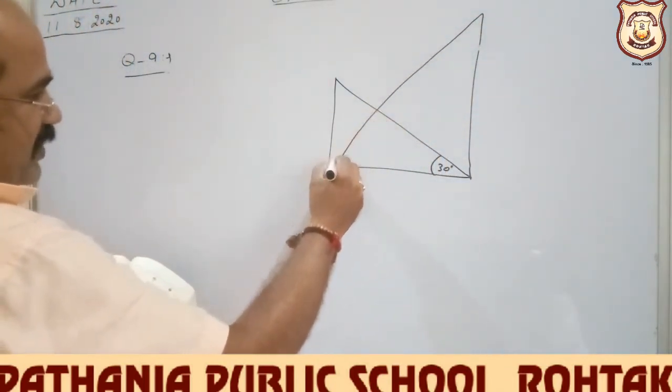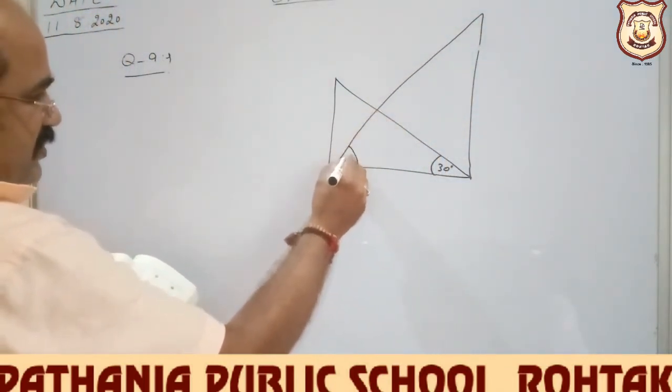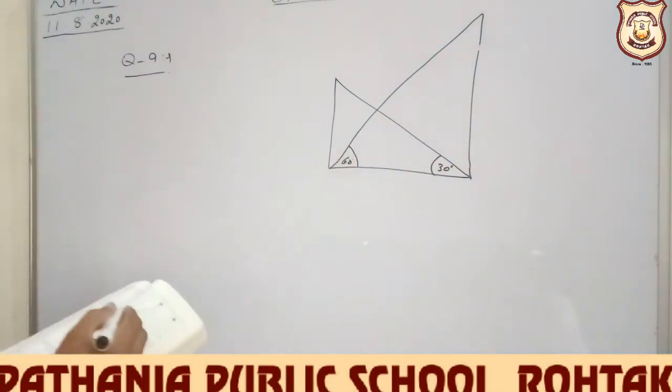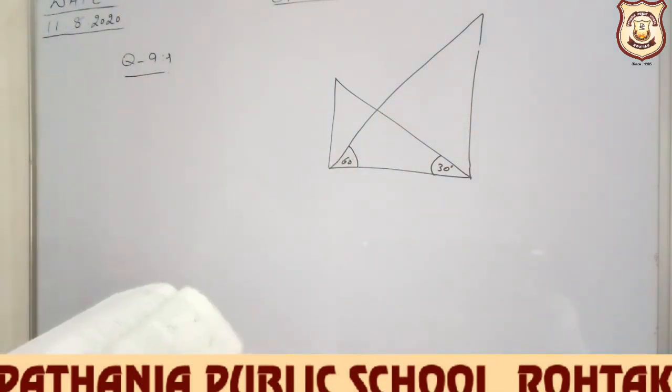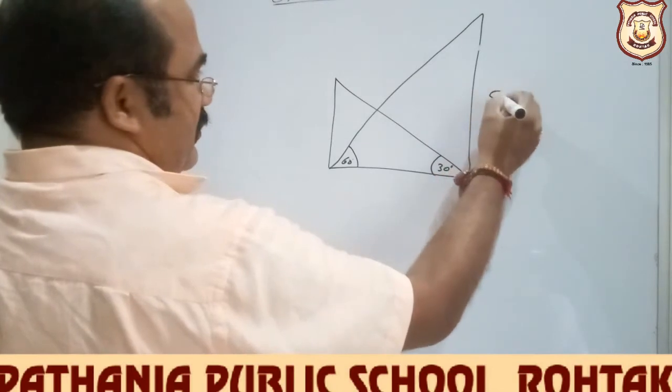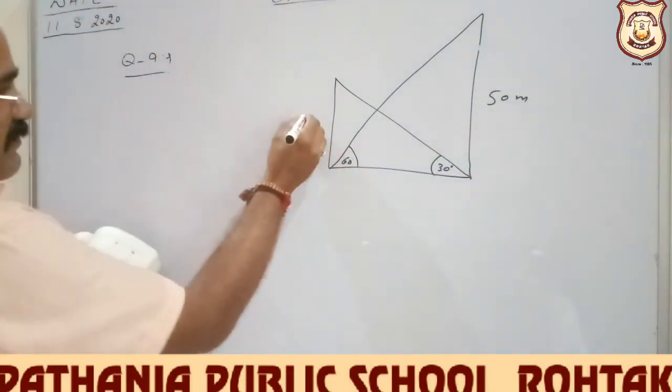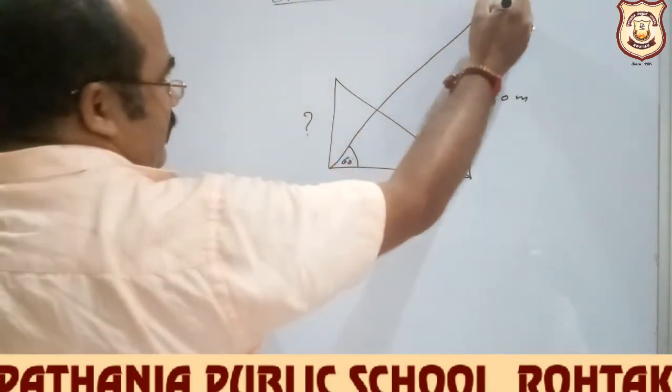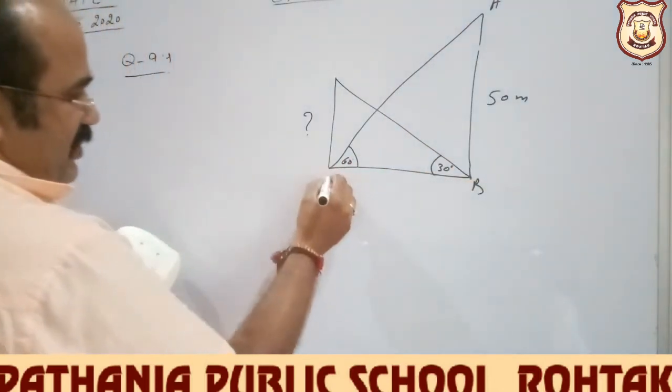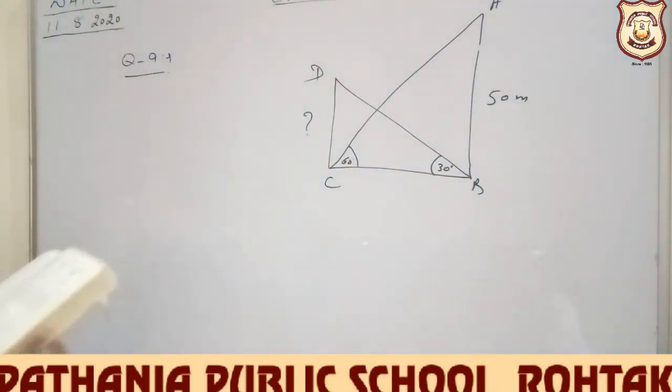This one angle is 60 degree. And tower height is 50 meter. So they are saying find the height of the building. A, B, C, D, like this you can write.